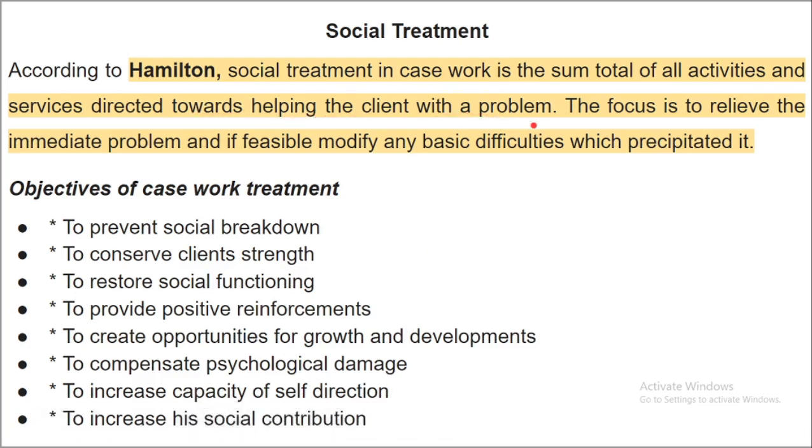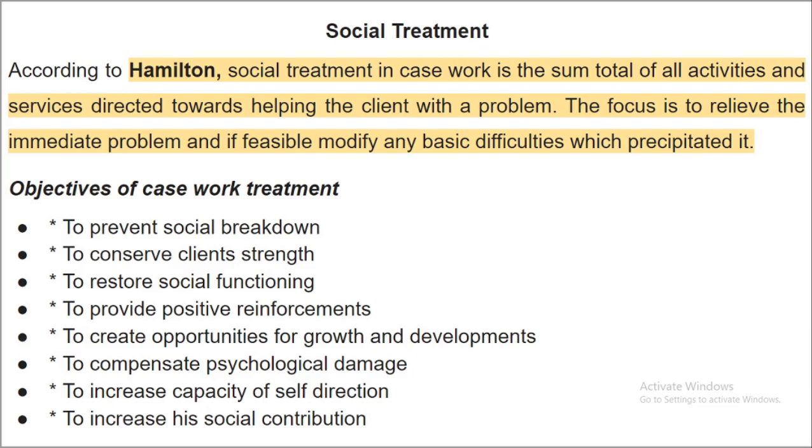Hamilton said that social treatment is the total of all the activities and services that help the client for the reason he came, and the focus is to relieve immediate problems and, if feasible, modify the basic difficulties which precipitated it. That means you have to focus on the immediate problem of the client, and if possible you have to modify the basic difficulties that the client is facing.